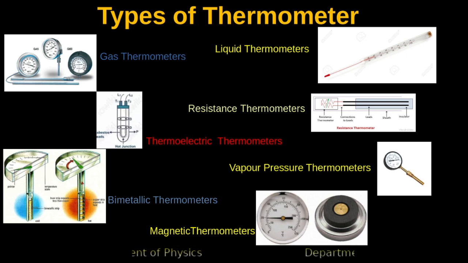A kink on the tube stops the mercury level from falling on its own. These thermometers are used in clinics by doctors, so they are also called doctor's thermometers. They measure human body temperature in the range of 35 degrees Celsius to 42 degrees Celsius.